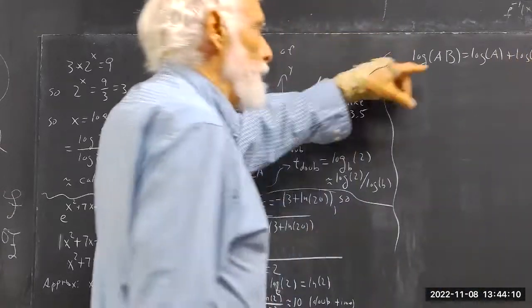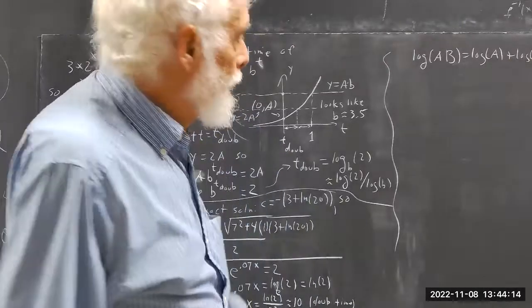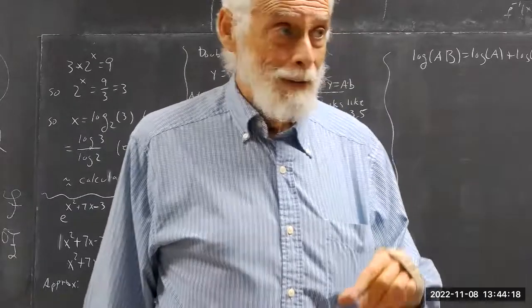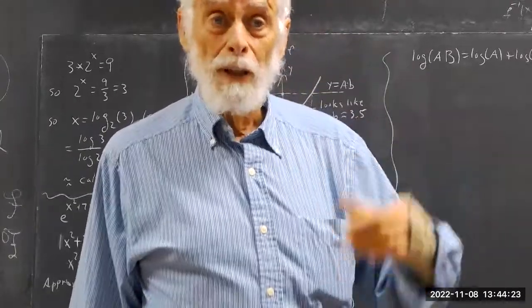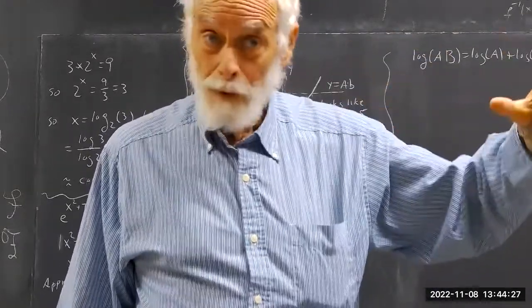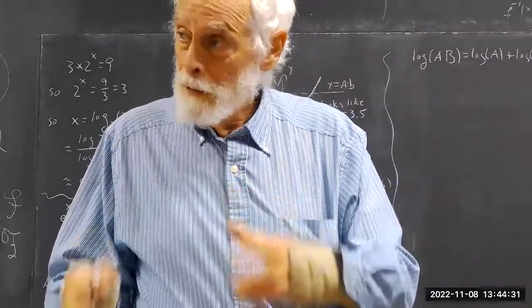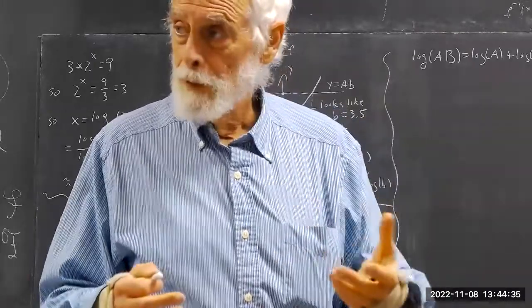Log of A times B is log of A plus log of B. You have a rule for exponents. It says a to the x times a to the y is a to the x plus y. That should be familiar. So it's like you have a multiplication of two expressions with the same base.